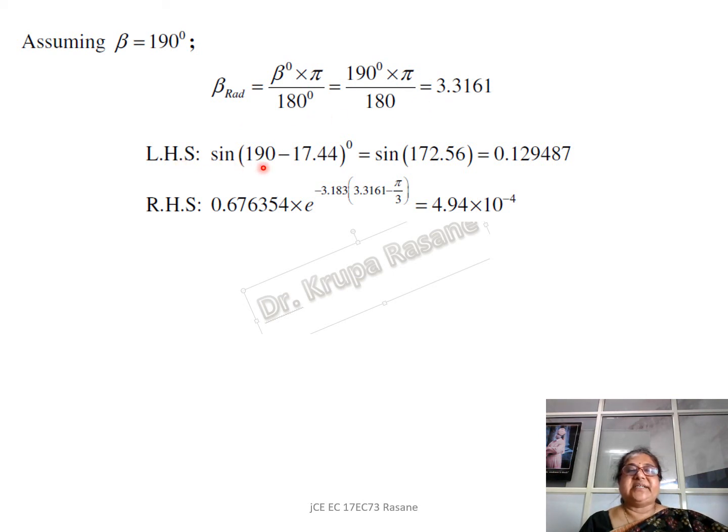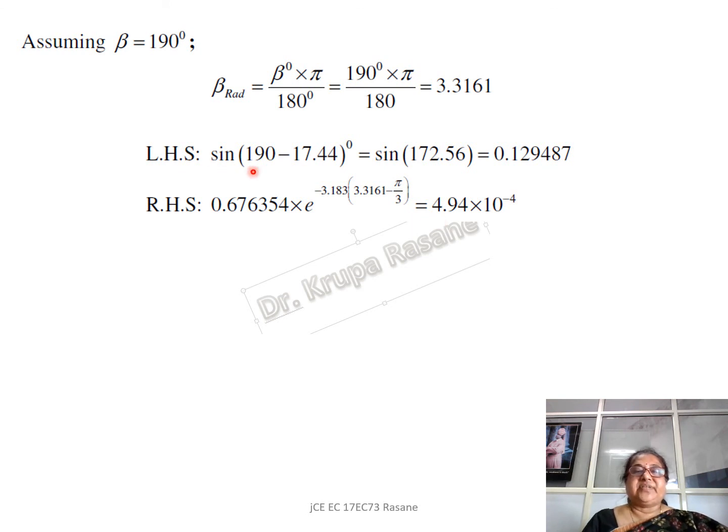In the left hand side I've got sine of beta minus phi, that is 190 minus 17.4, and in the right hand side, I have 0.67635 into e to the power of minus 3.183. I'll substitute beta with 3.3161 minus pi by 3 radian because it has to be in radian. So I get the right hand side as 4.94.